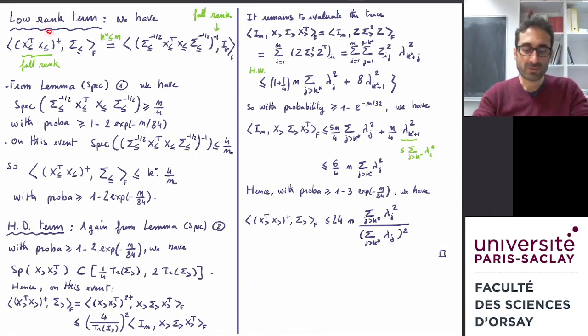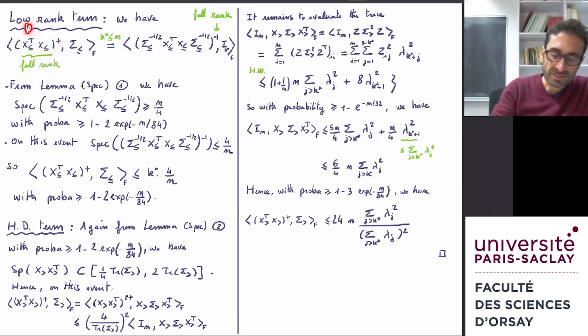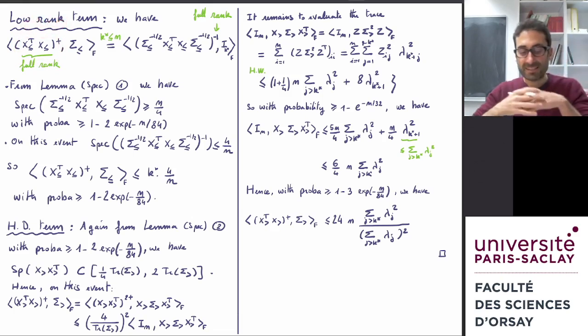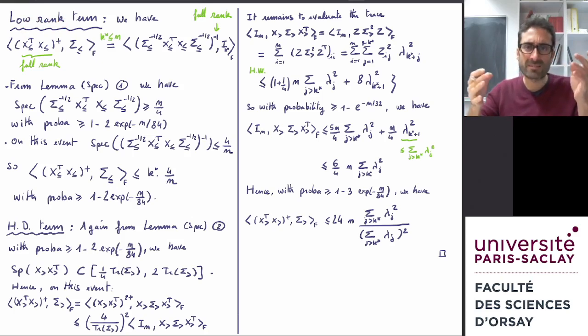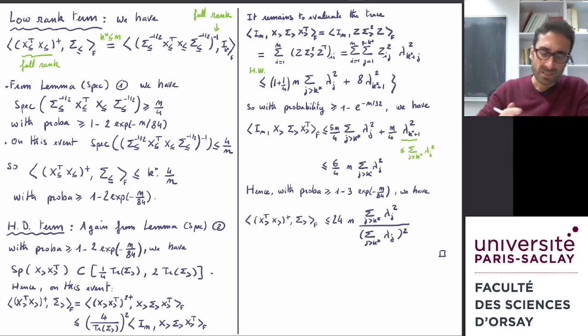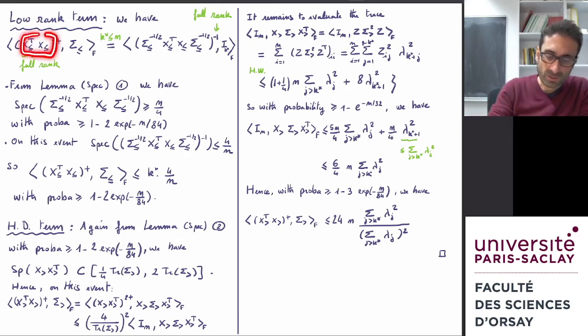When you are in the low dimensional part, I remind you that here you have a matrix which is k star times k star, and k star is small compared to n. In particular, it is smaller than n. I remind you, it is smaller than n over 600. So it turns out that this matrix is full rank. So actually, your Moore-Penrose pseudo-inverse is just the classical inverse in this case.